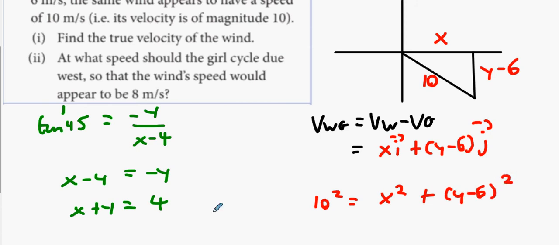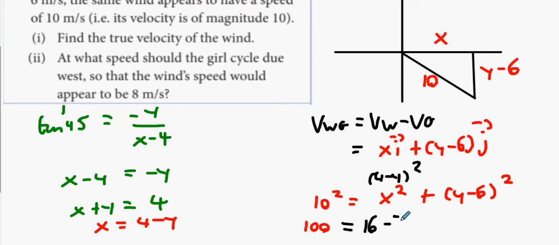Before I do anything, I'm going to isolate x and say x is 4 minus y. So I have 100 equals 4 minus y squared, which is 16 minus 8y plus y squared, plus y squared minus 12y plus 36.